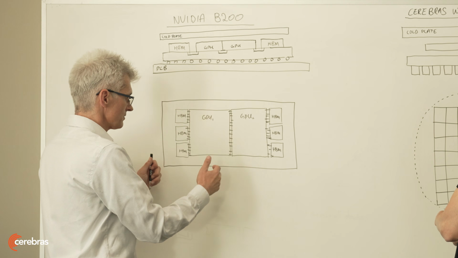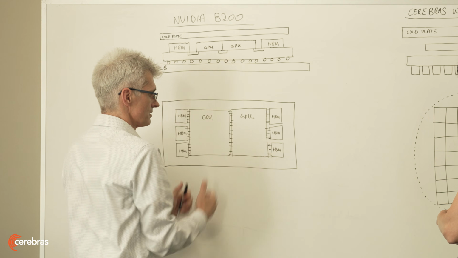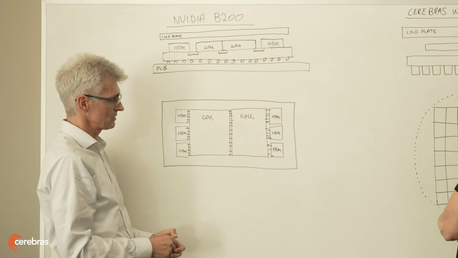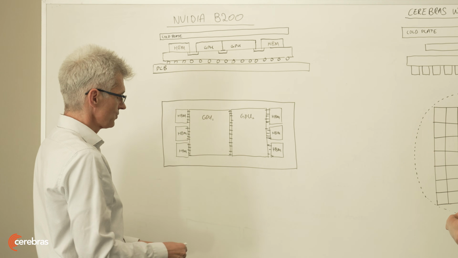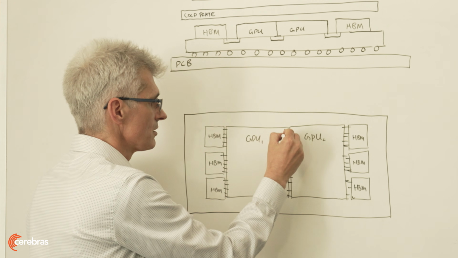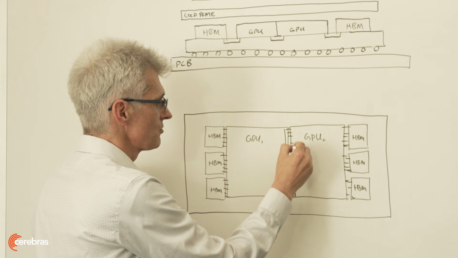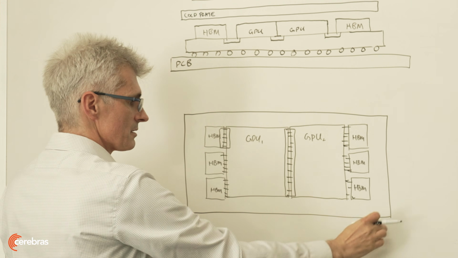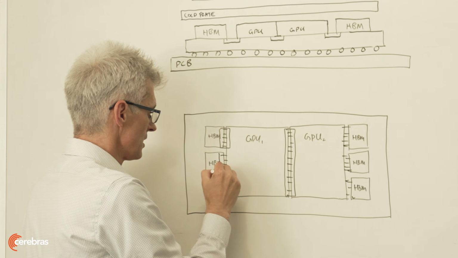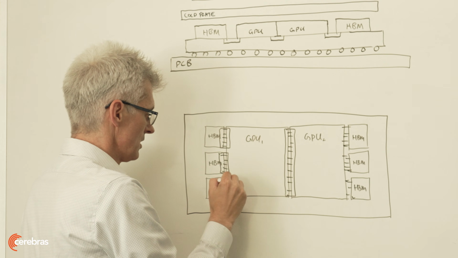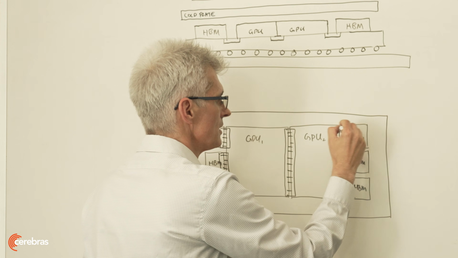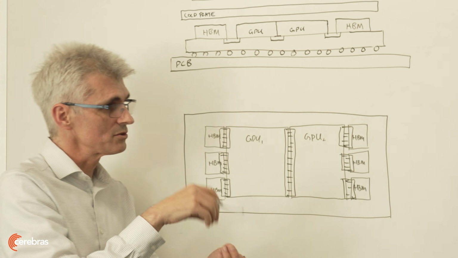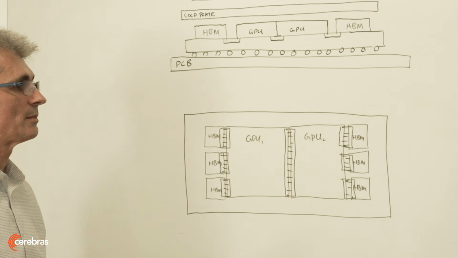And because you now need a larger substrate, and those substrates are quite expensive, people decided, why don't we use silicon just for what is super high density? So instead of using the entire interposer as a piece of silicon, why don't we use these as silicon devices? Silicon devices are nice because you can instantiate wires on them that are very, very small.